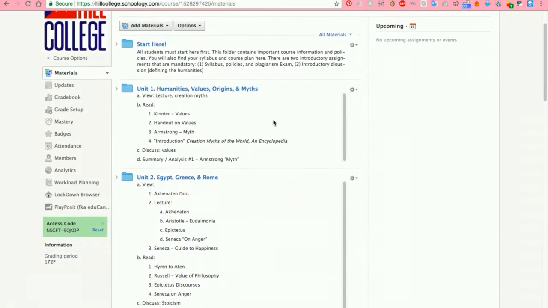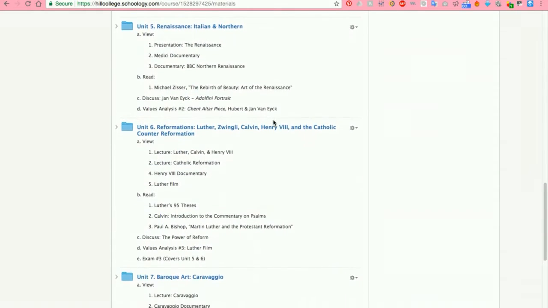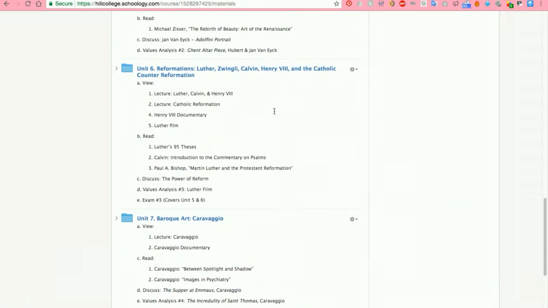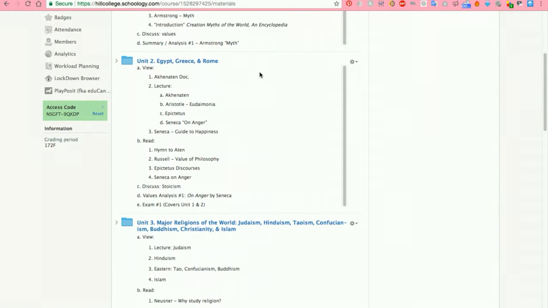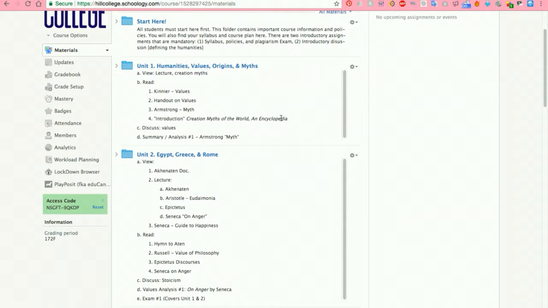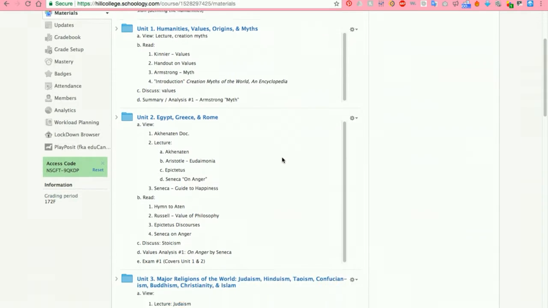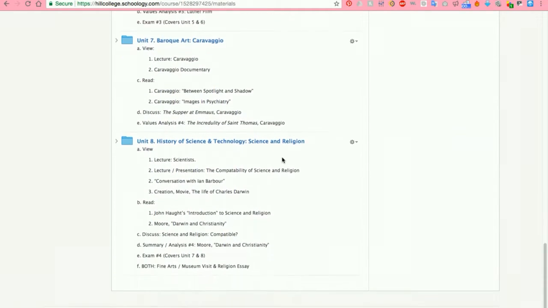So if you're in a 16-week course, you'll get about 2 weeks per folder, per unit. And if you are in an 8-week course, you'll get 1 week per unit. And if you're in a 5-week course, like a summer course, we'll divide these as evenly as we can, 8 divided by 5.